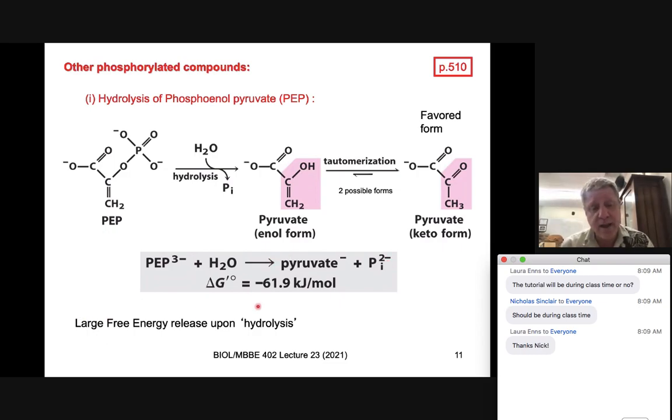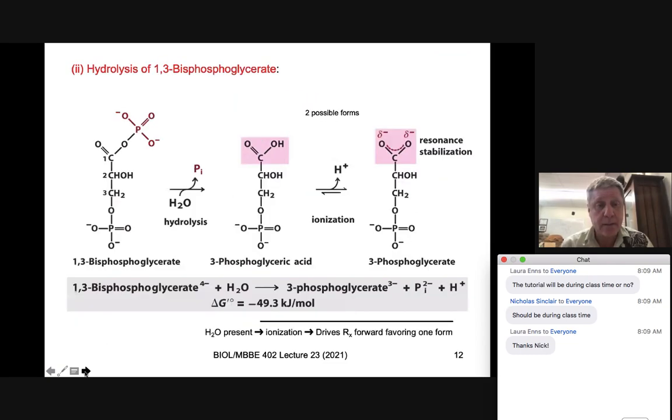So this particular reaction, through a hydrolysis reaction, produces a very favorable negative delta G prime zero, and has the capacity to feed other positive delta G reactions in this particular process. And we'll see this when we look at glycolysis today.